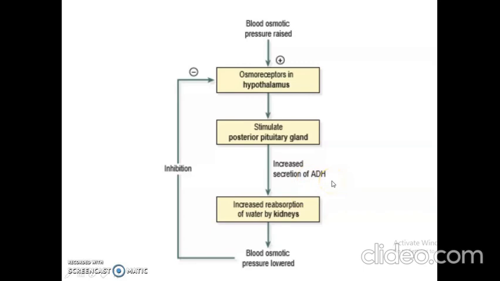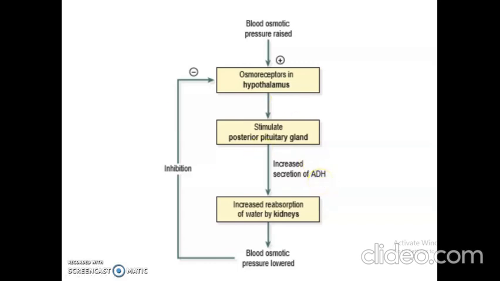Among the different parts of the nephron, that is glomerulus, proximal convoluted tubule, descending and ascending loop of Henle, and distal convoluted tubule, finally they are connected to the collecting duct.